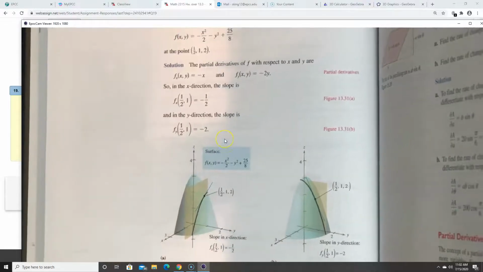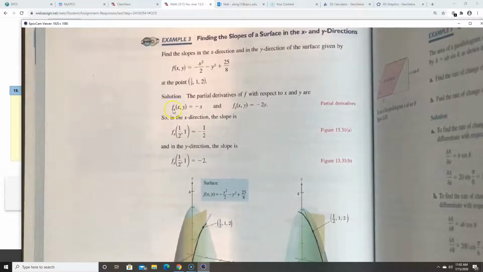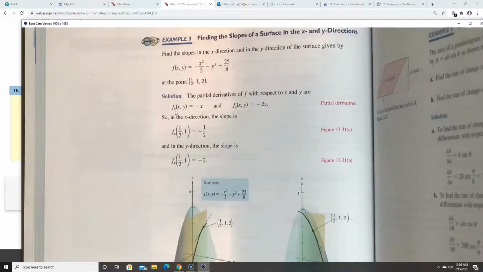So when you differentiate, for example, with respect to x, there's all kinds of notations for it. And I'll show you some as we go along. Well, several. Here's one notation. If the function's called f of x, and it's a function of two variables, x and y, then the partial derivative of f with respect to x only is this notation.